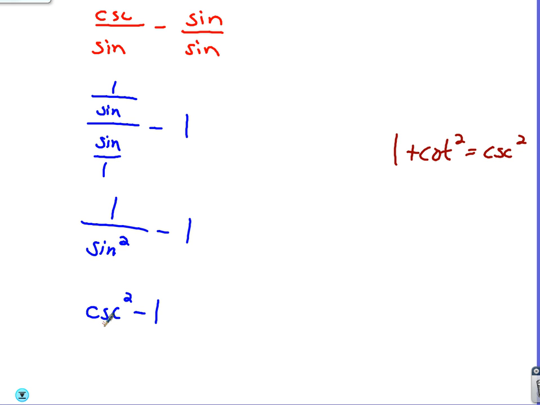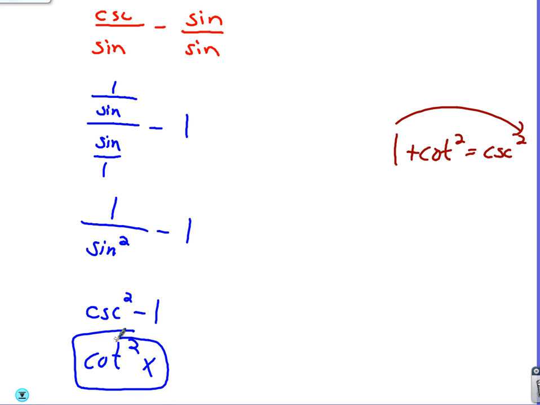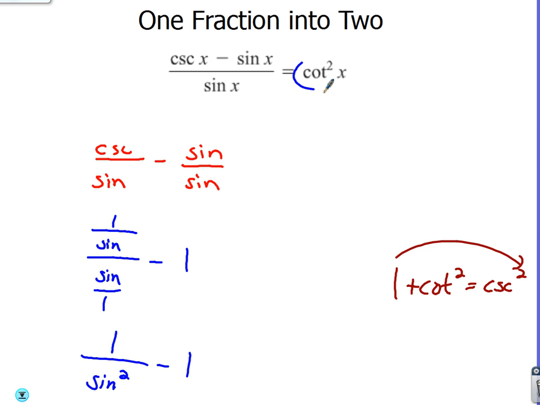So cosecant squared minus 1, we've got to manipulate this thing. We'll have to move that over, right? What will cosecant squared minus 1 equal? Cotangent squared. What I'm always trying to prove? Equals cotangent squared. Make sense?